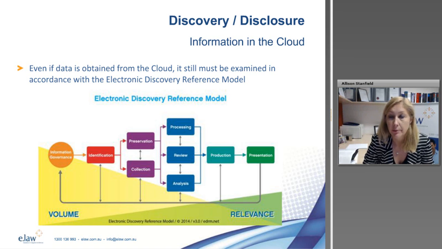Now the reason information governance has recently been added is because a lot of organisations have realised that simply storing a whole pile of information on servers, backup tapes, completely unstructured, sometimes unlabelled, can be an expensive process to locate and retrieve the information if a discovery order is served.